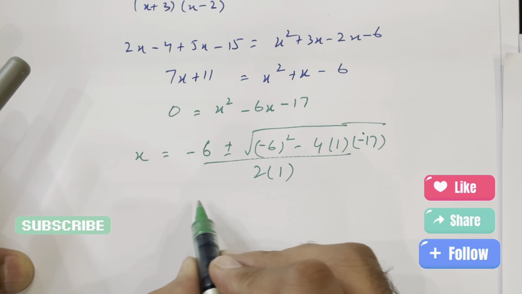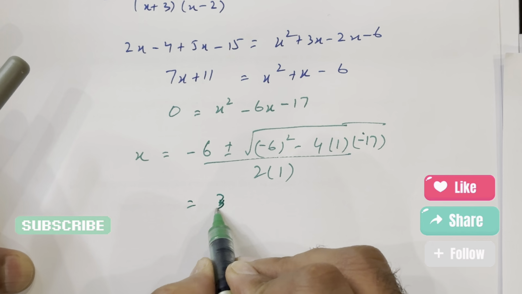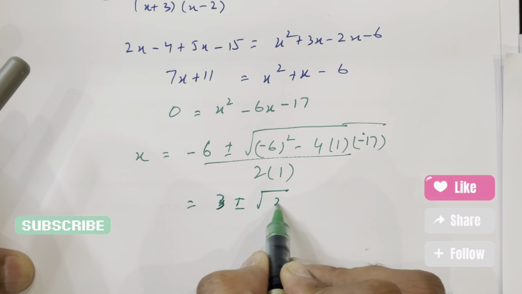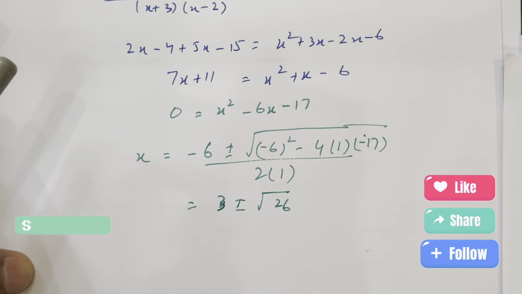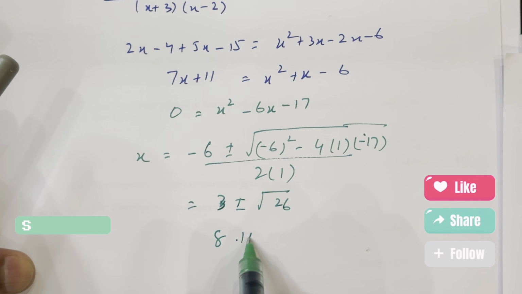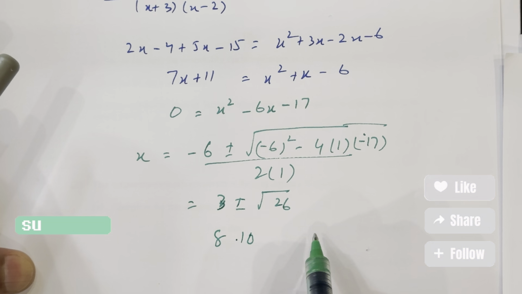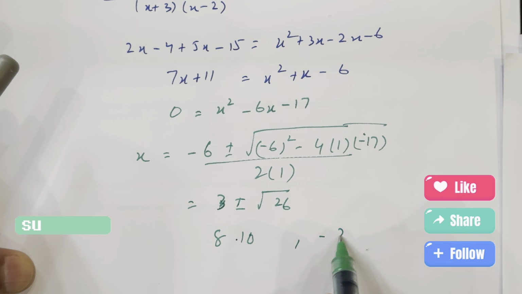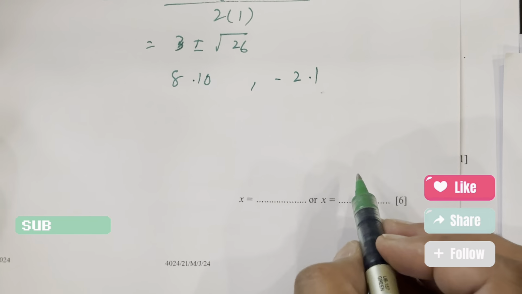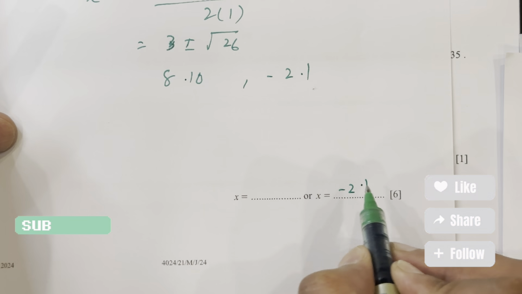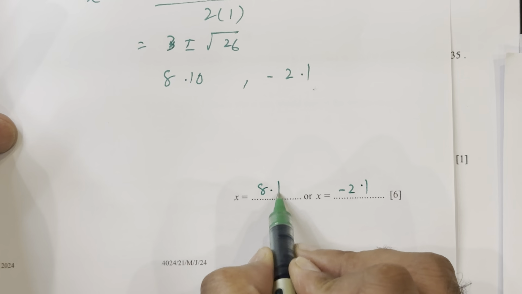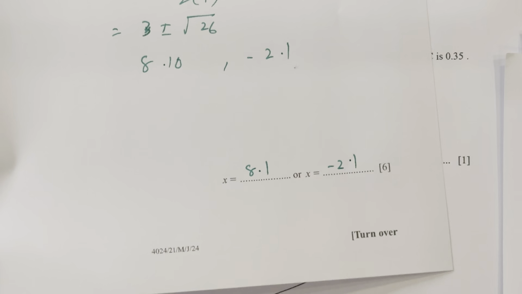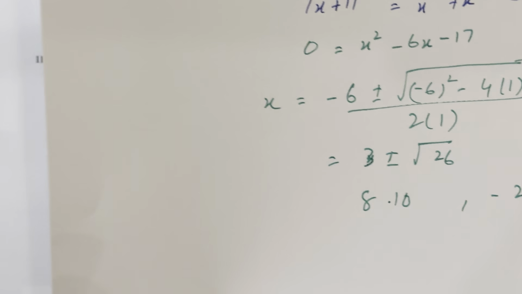After solving it, you get the answer 3 plus minus under root 26, and one value would be 8.10 and the other value would be minus 2.1. So you can write over here minus 2.1 and 8.10. This was an easy question but carrying 6 marks.